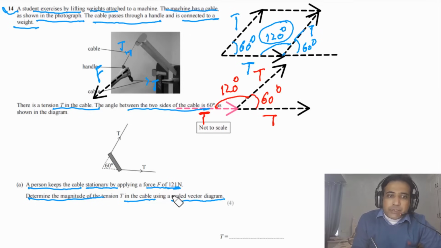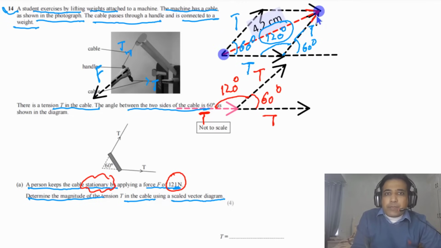Now for this question, it is given to us that the force is 121. You need to understand the force. As this is in equilibrium, it is stationary. It simply means that the resultant of these two vectors, we can draw the resultant using red color, is this one.